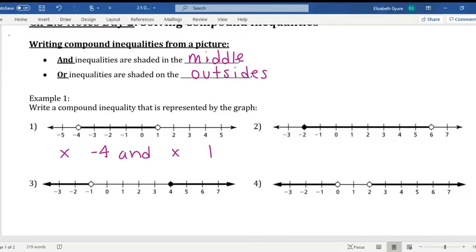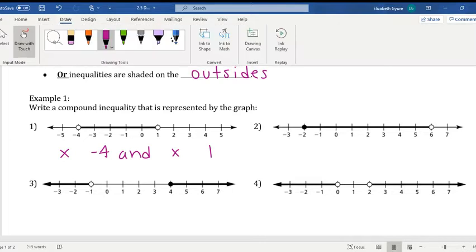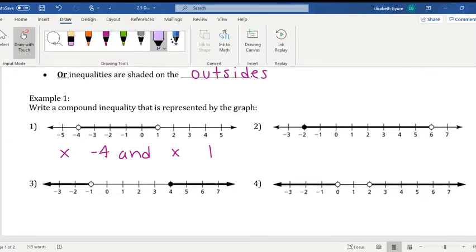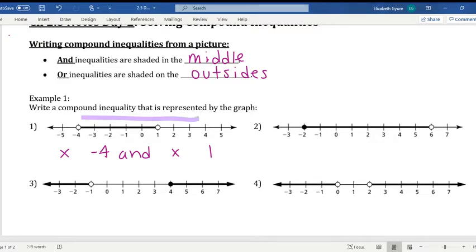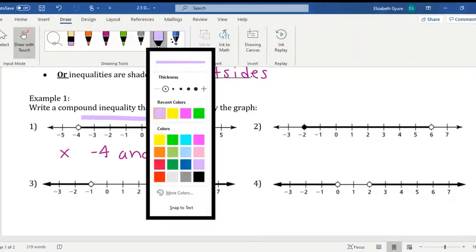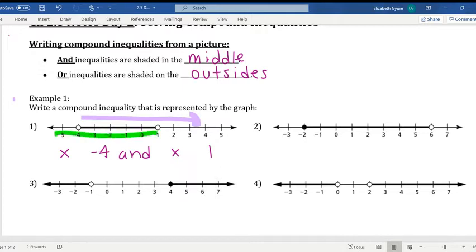So the trick to deciding this is, when you shade these, don't they get shaded where they overlap? So how this would actually look is this graph starts at -4 and goes to the right, and then it also starts at 1 and goes to the left. See where the purple and the green are overlapped? In the middle, isn't that where it's shaded?